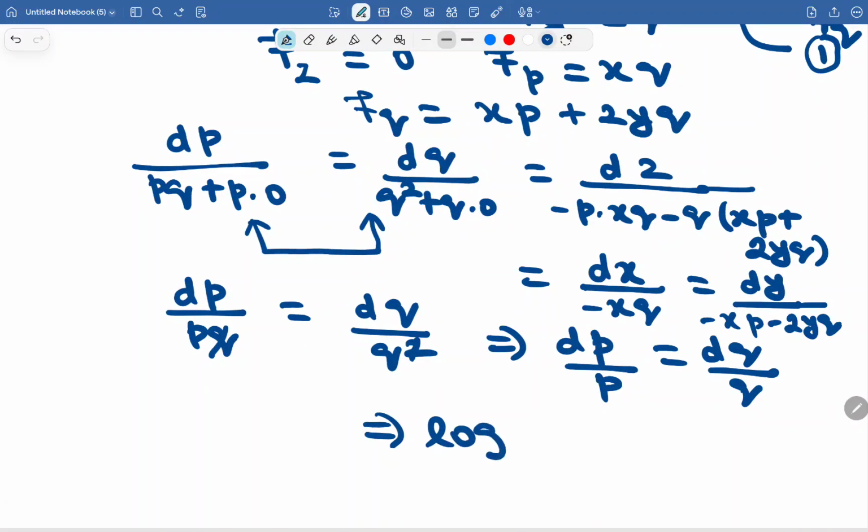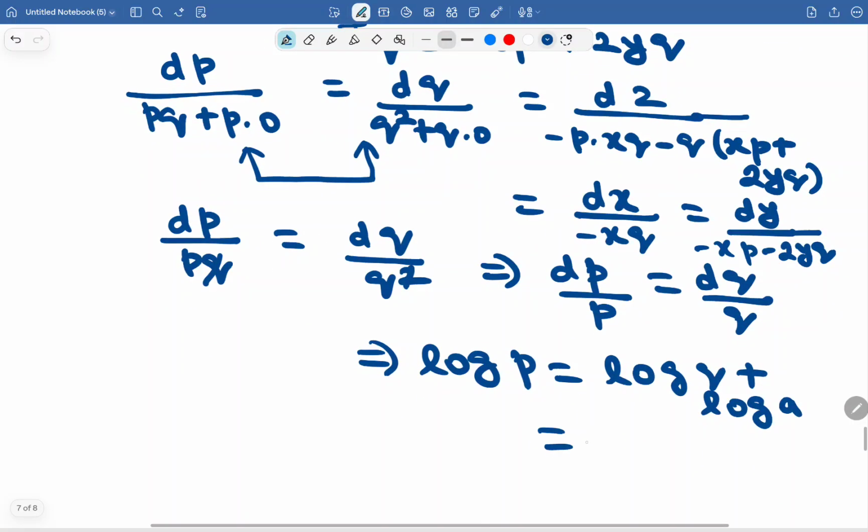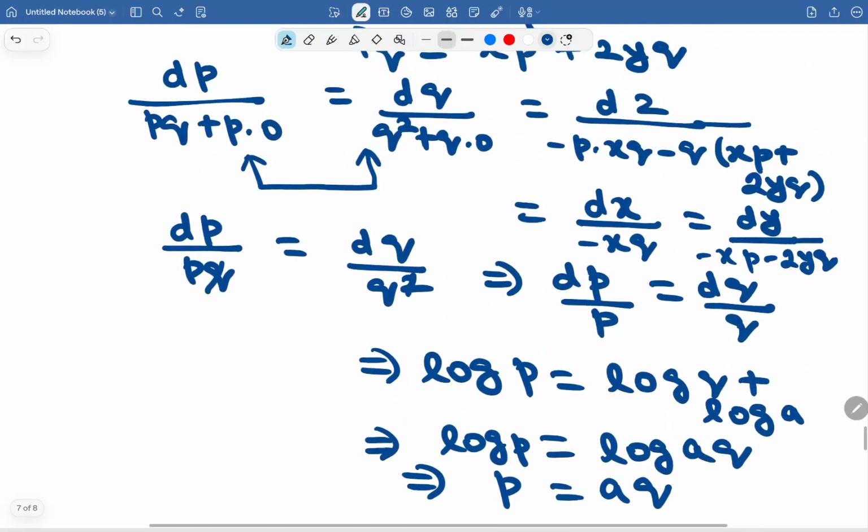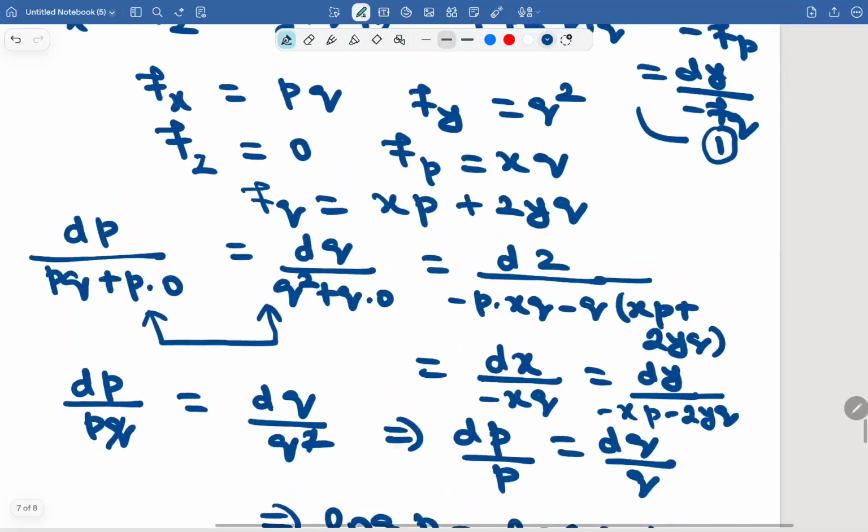Integrating, log p equal to log q plus log a. Log a is the constant of integration. This can be written as log p equal to log of aq. What is p? P is aq.